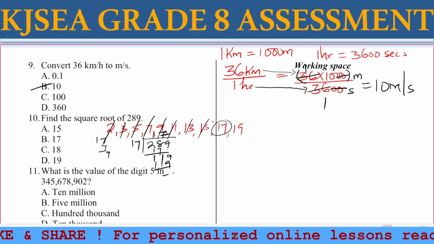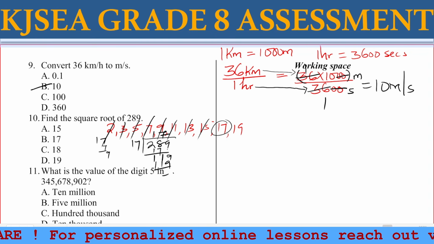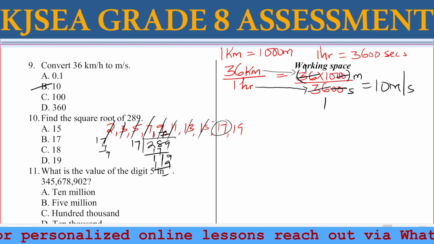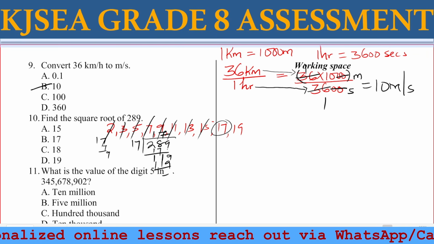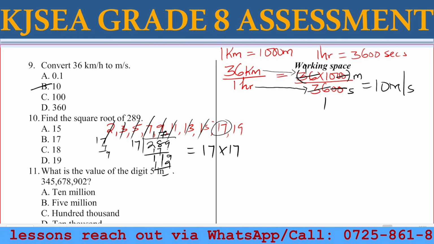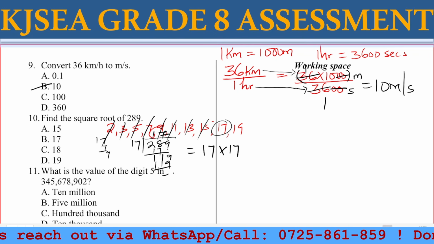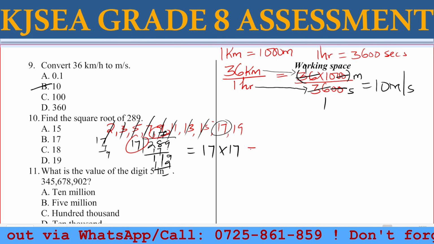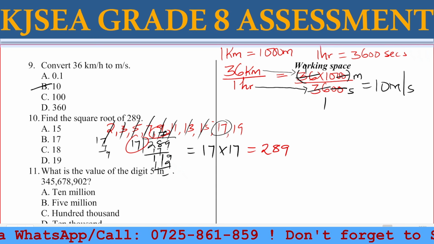See, it is divisible. So because it is divisible by 17, if you take 17 multiplied by 17, this will give 289.